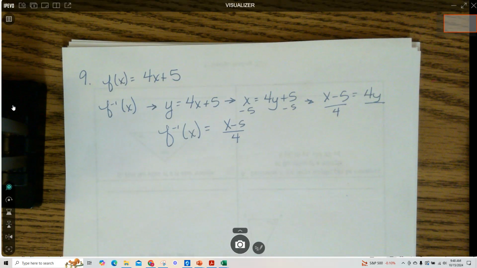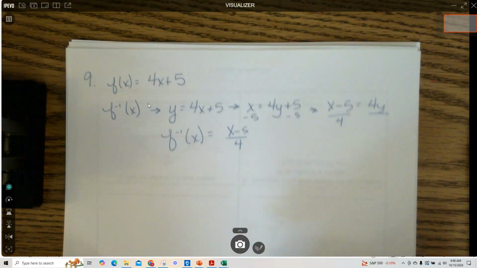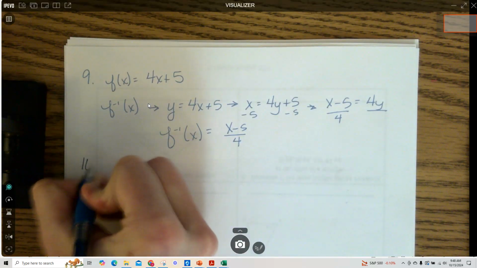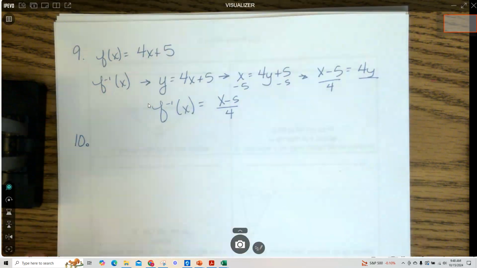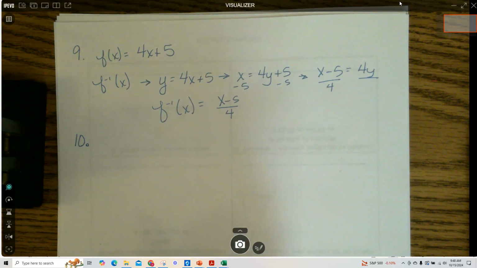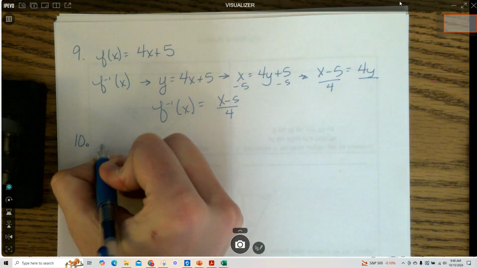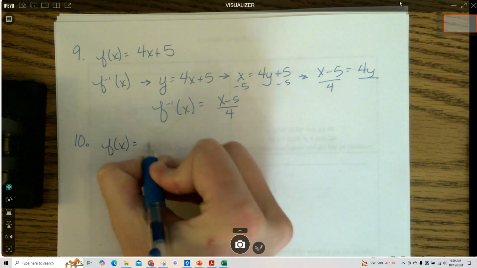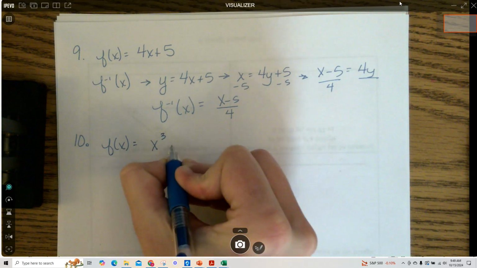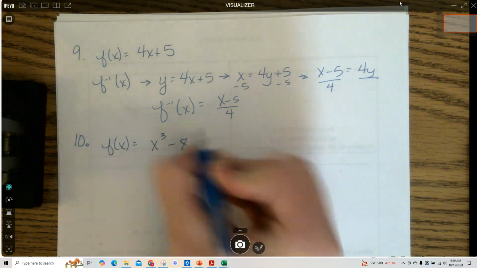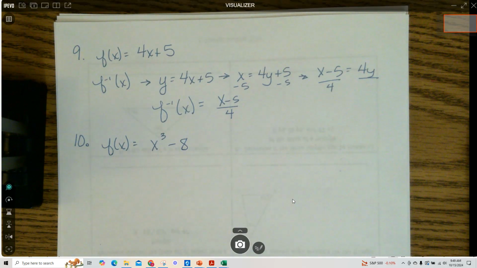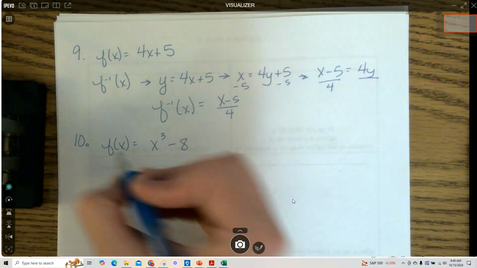Let me pause this, because that's just running. All right, 10. Same thing. The function f of x equals x cubed minus 8 is 1 to 1. Okay.